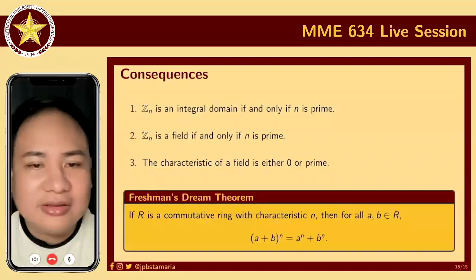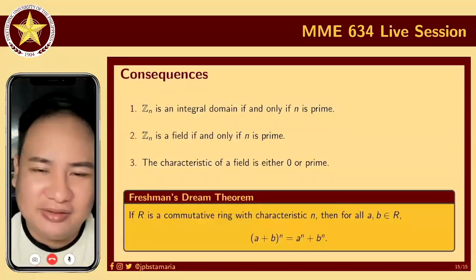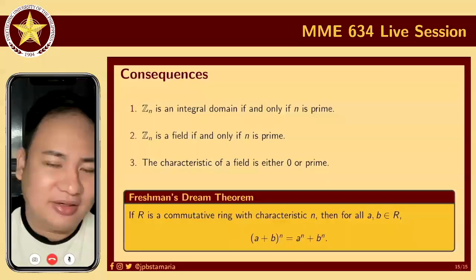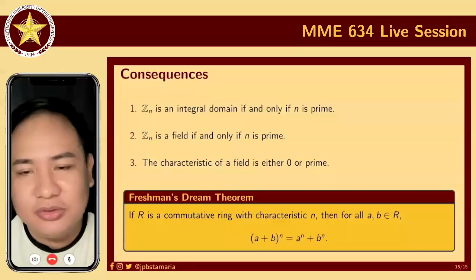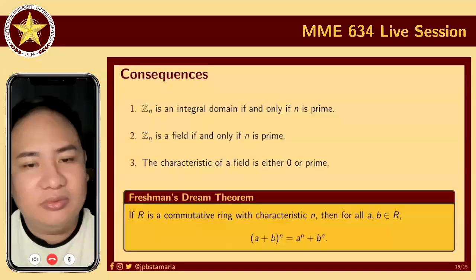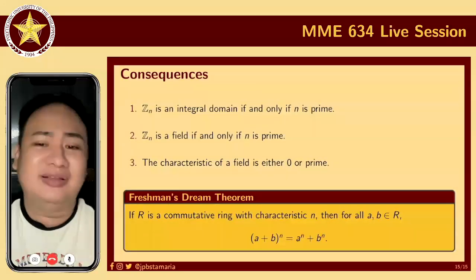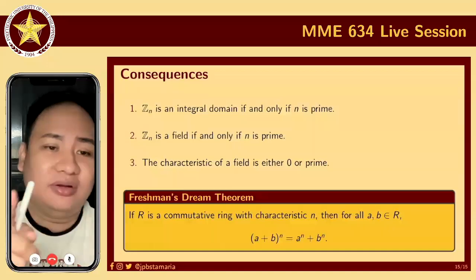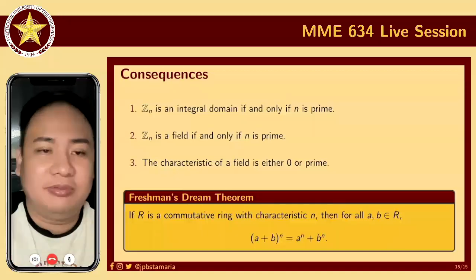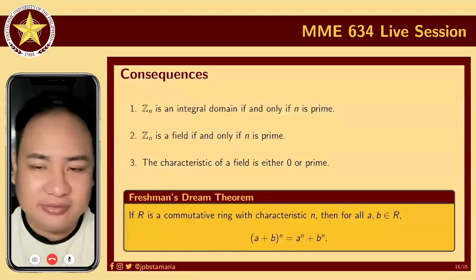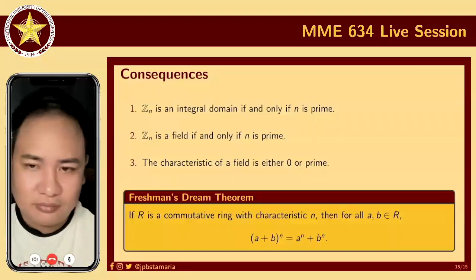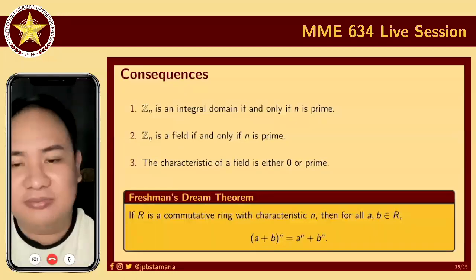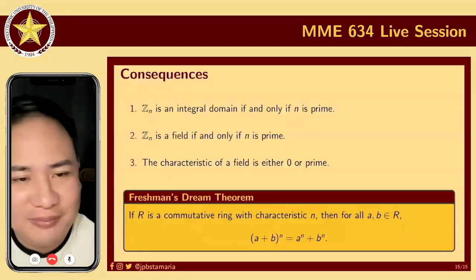We call this the freshman's dream theorem in abstract algebra or ring theory. It says that if R is a commutative ring with characteristic n, meaning the sum a plus a plus a plus a, if you do that n times, is zero, then for all a and b in R, (a plus b) raised to n equals a to the n plus b to the n.